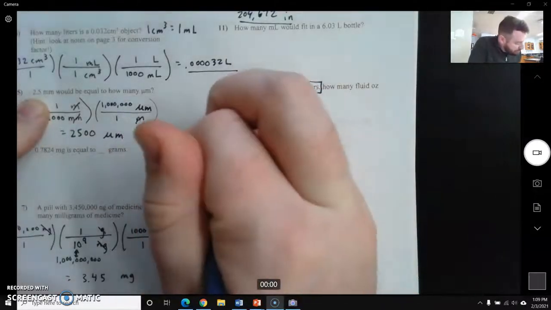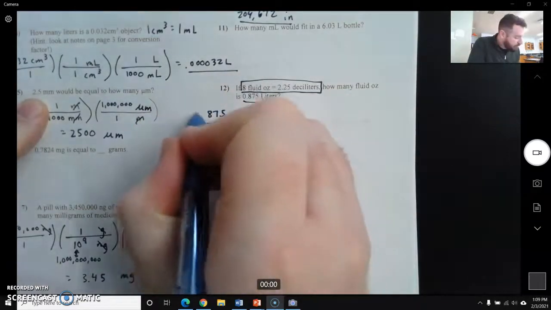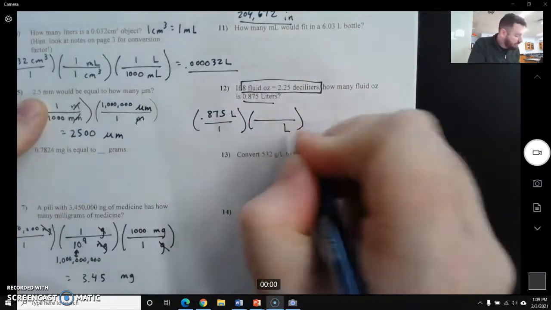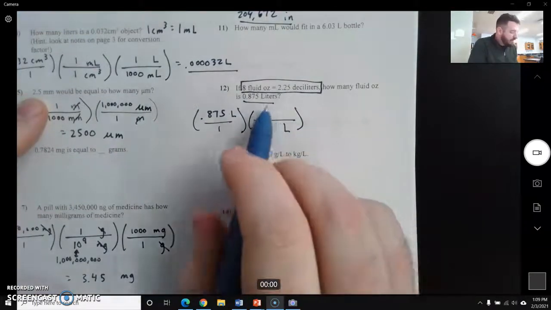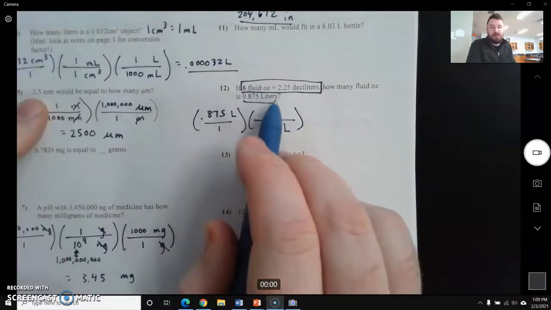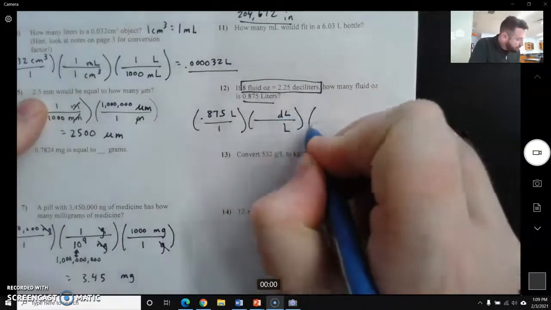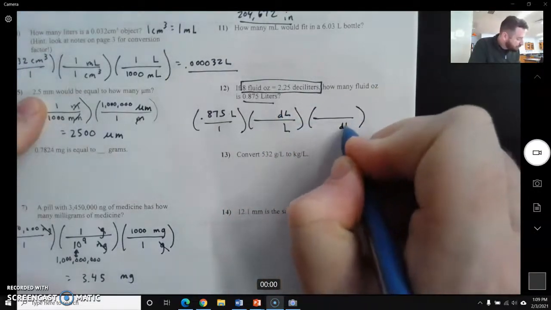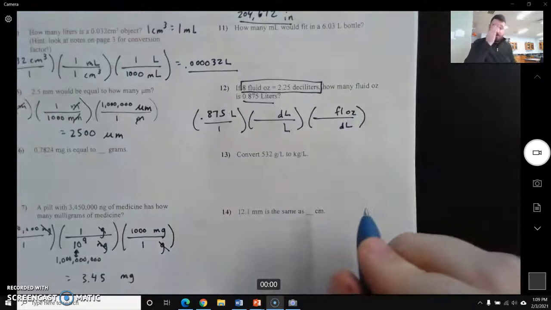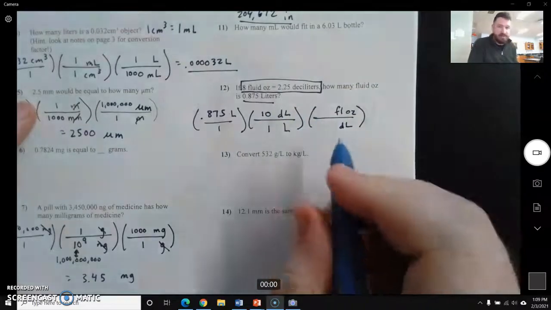So we're going to start with 0.875 liters, put it over 1 and in parentheses. Bring the unit down to the denominator. So we go from liters. Now, I can't go from liters to fluid ounces, but it did tell me I can go from deciliters to fluid ounces. So let's see if we can go from liters to deciliters. Right. And once we get to deciliters, then we can go from deciliters to fluid ounces. Alrighty, so for every 1 liter, you have 10 deciliters.